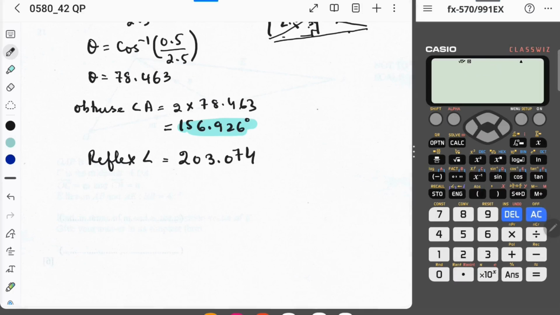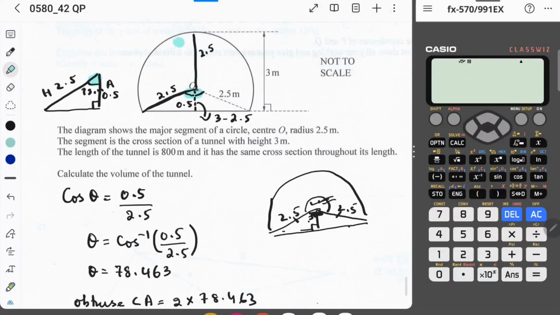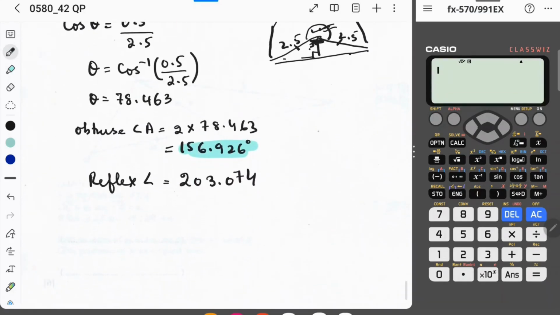Now we are going to find the area of this portion. That is angle upon 360 degrees into pi r square.